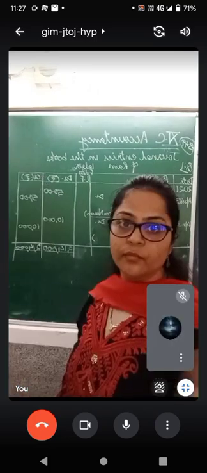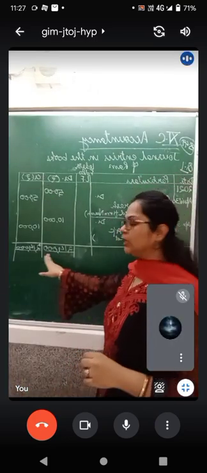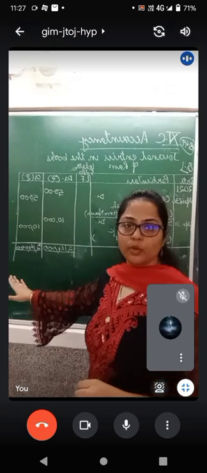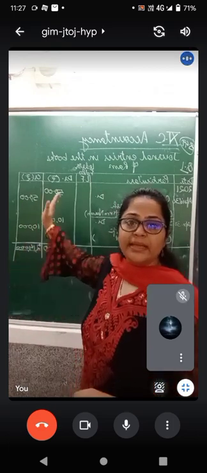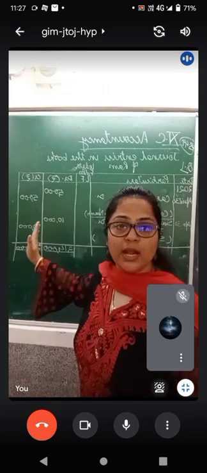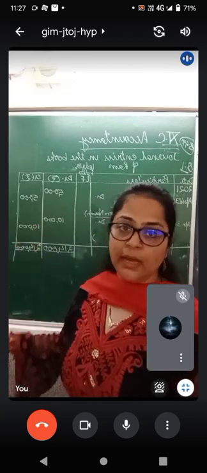The total will come out to be equal on both the sides. Yes, have you done the total? So here it is. We are with the total 2,14,000 on both the sides. The total of debit side matches the total of credit side. It means the journalizing has been done correctly.